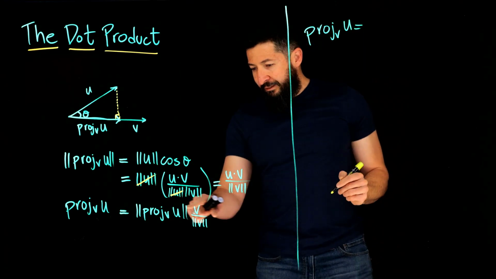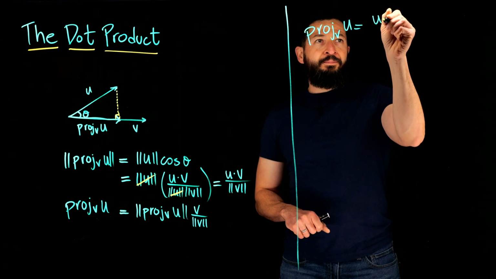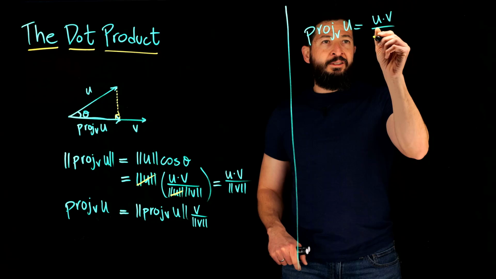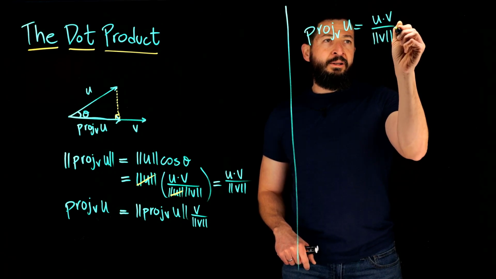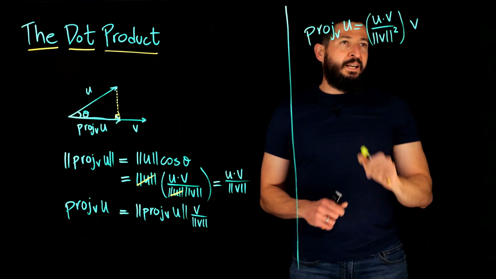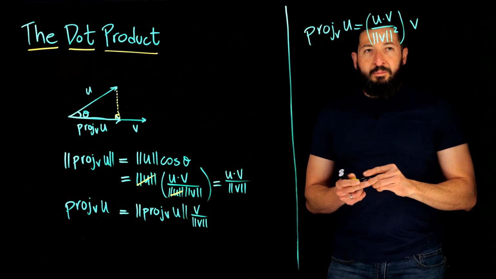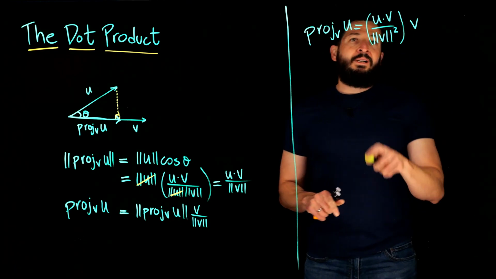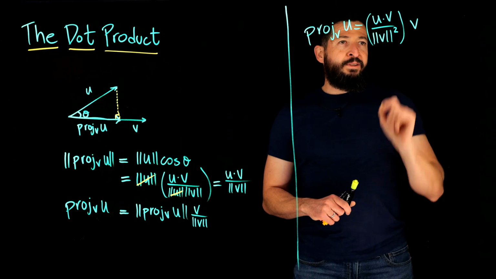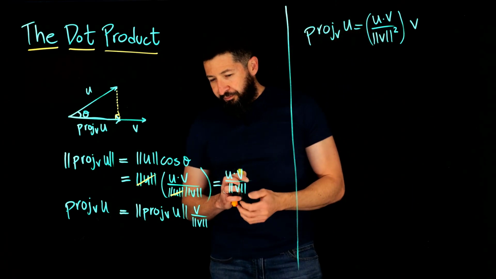And that's going to be given by u dot v over the magnitude of v squared, since the magnitude of v appears twice, times the vector v. Now notice this right here is a scalar, or a number, because u dot v is a real number, the magnitude squared is a real number, and then you're just scaling the vector v, and that gives you the projection.